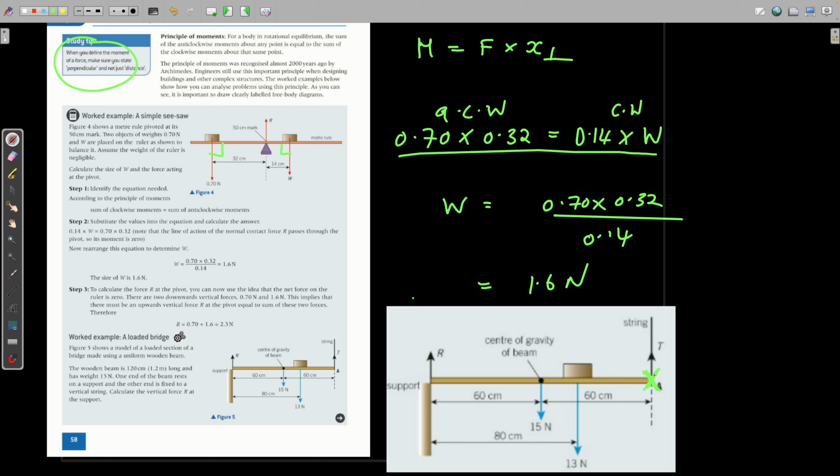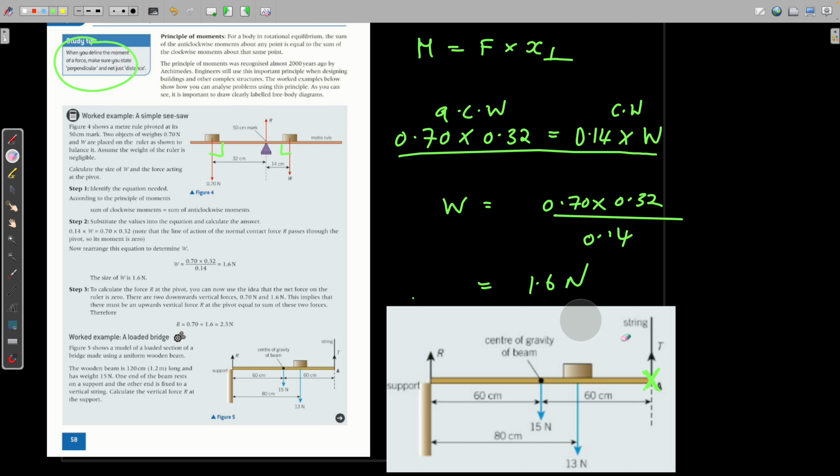And then you can calculate the moment due to the 30 newtons, the moment due to the 15 newtons, and that must equal the moment due to the reaction force at that distance. So that's where you take that pivot. You can actually take pivots anywhere, but it's more useful to take a pivot where it'll cancel out an unknown, like the tension.